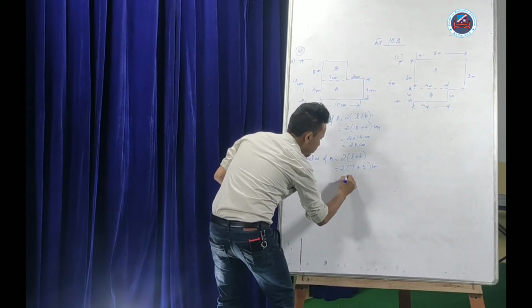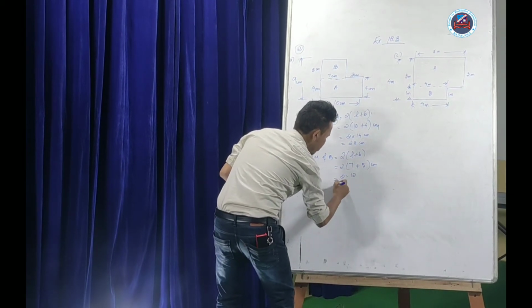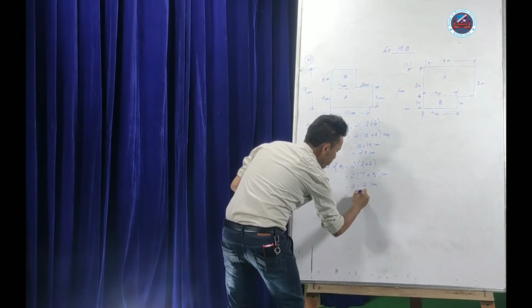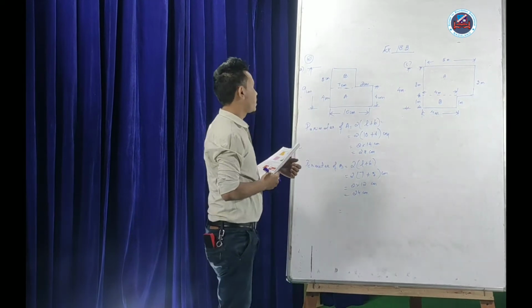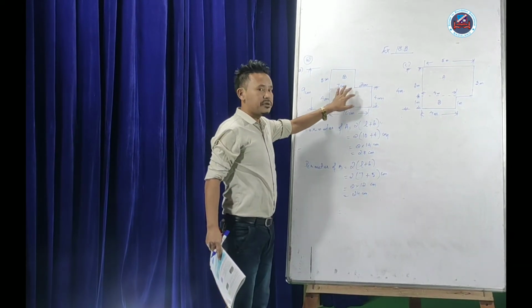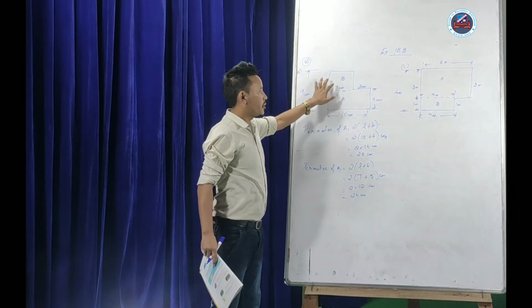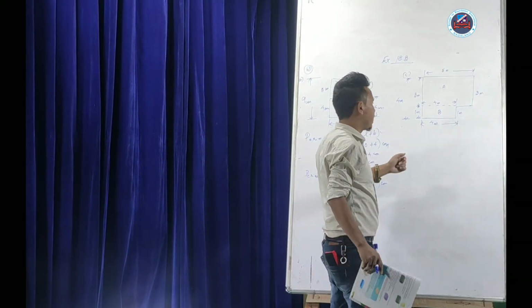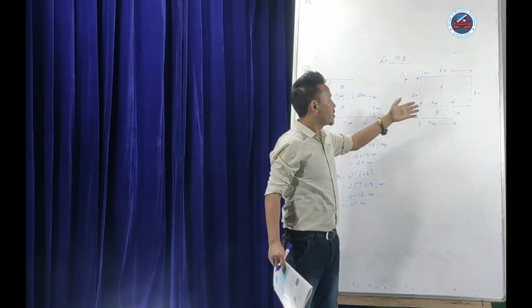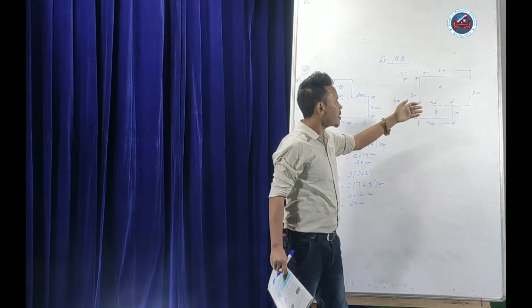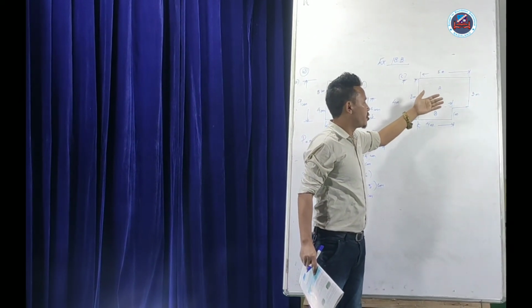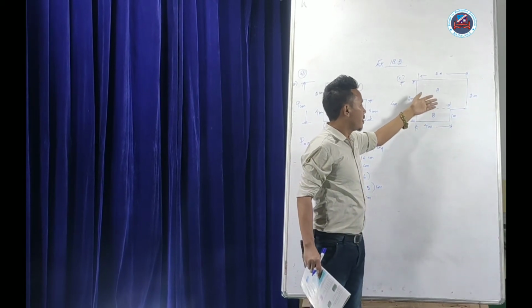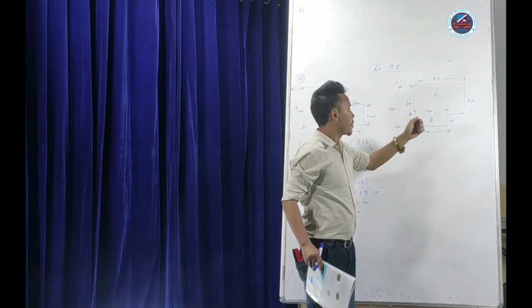So 2 into 7 plus 5, that is 2 into 12, gives us 24 centimeter. Therefore, we have found the area of A, area of B, perimeter of A, and perimeter of B. The same way we'll try to solve question number C. Even here in question C, you can see that I have divided the shape into two groups, group A and B.